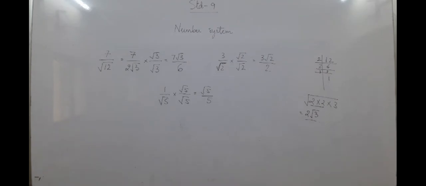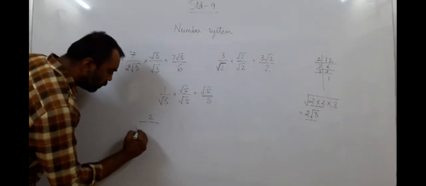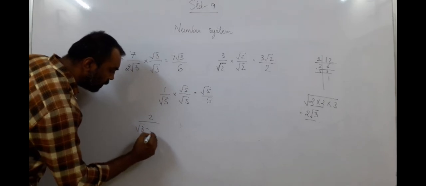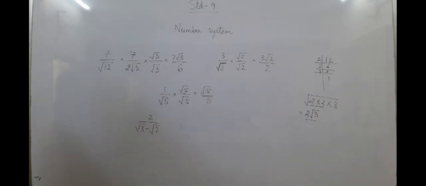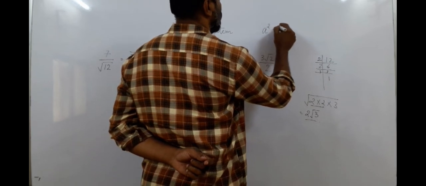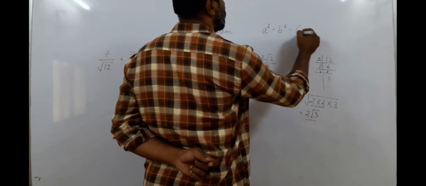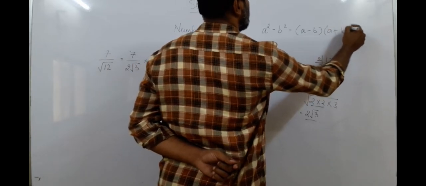So here there was a single term. Now what if we have got more than one term? For example, we have 2 upon root 3 minus root 2. Now how do I rationalize this? To rationalize this, we are going to use one formula. a square minus b square is a minus b into a plus b.